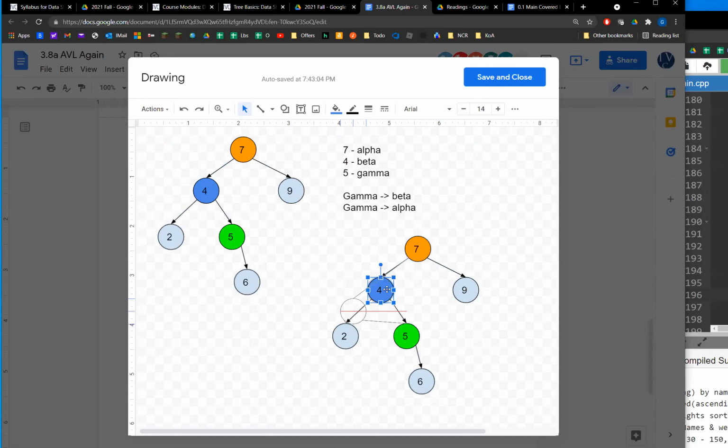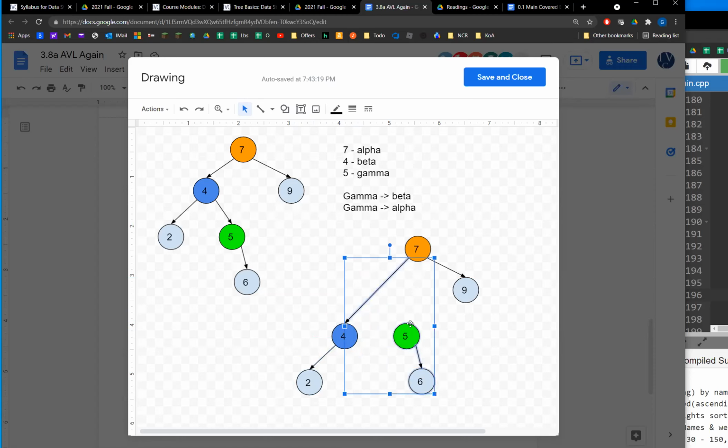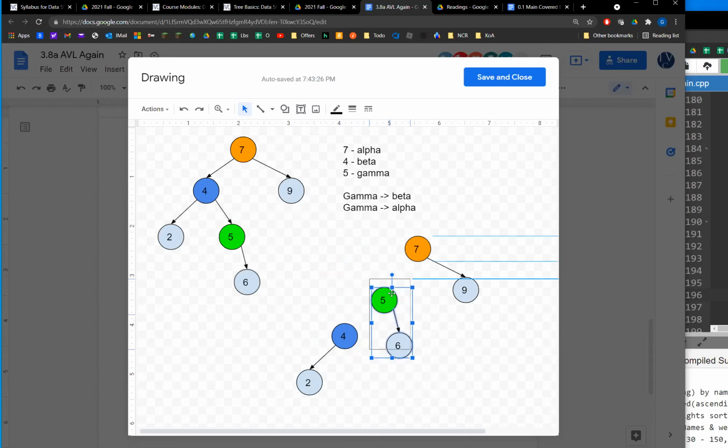So when we rotate beta towards gamma, or the other way around, gamma towards beta, it's going to cause beta to slide down the tree, and gamma to go up the tree.